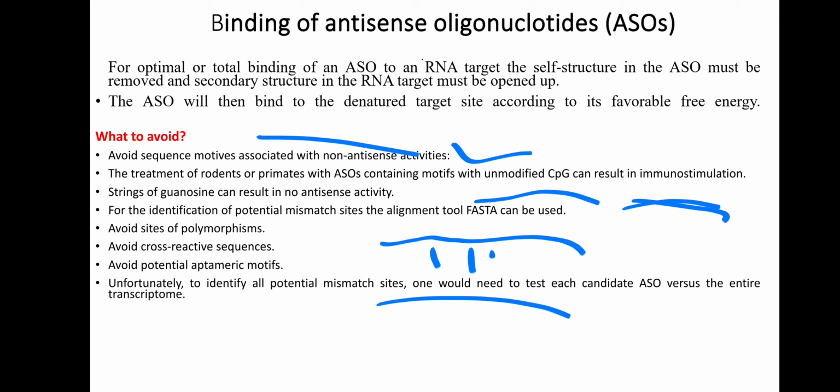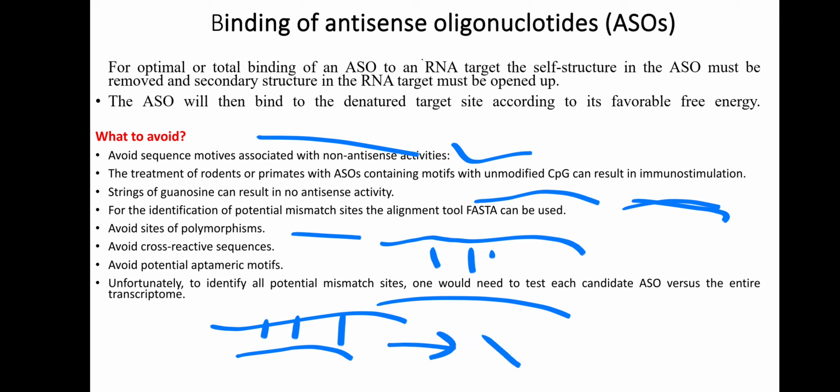The next point is identification of a potential mismatch site. Sometimes mutation happens in our genome, and we are already developing a drug, so our target mRNA should be known. That's why we synthesize antisense molecules with higher affinity, and higher affinity promotes silencing and stops the activity. This is done by FASTA and BLAST and other processes. Avoid sites of polymorphism.